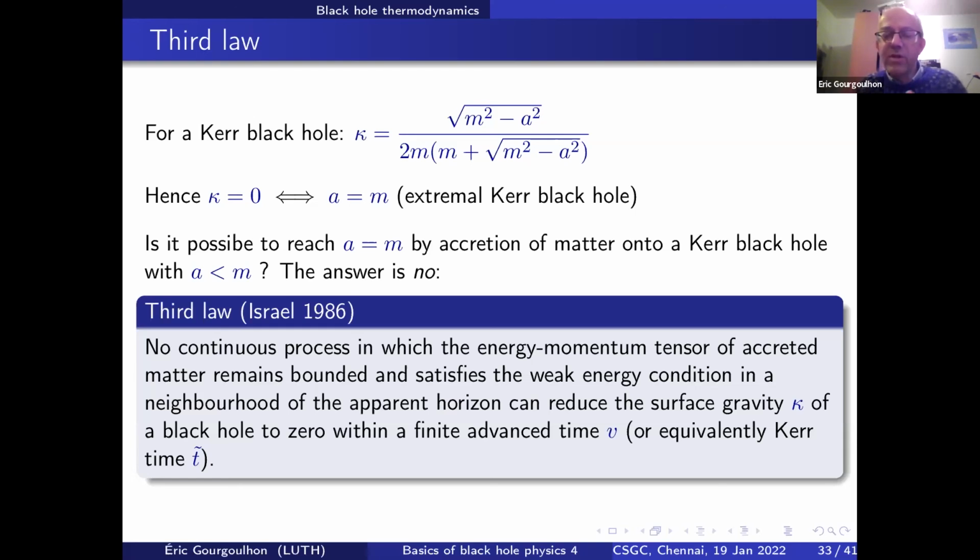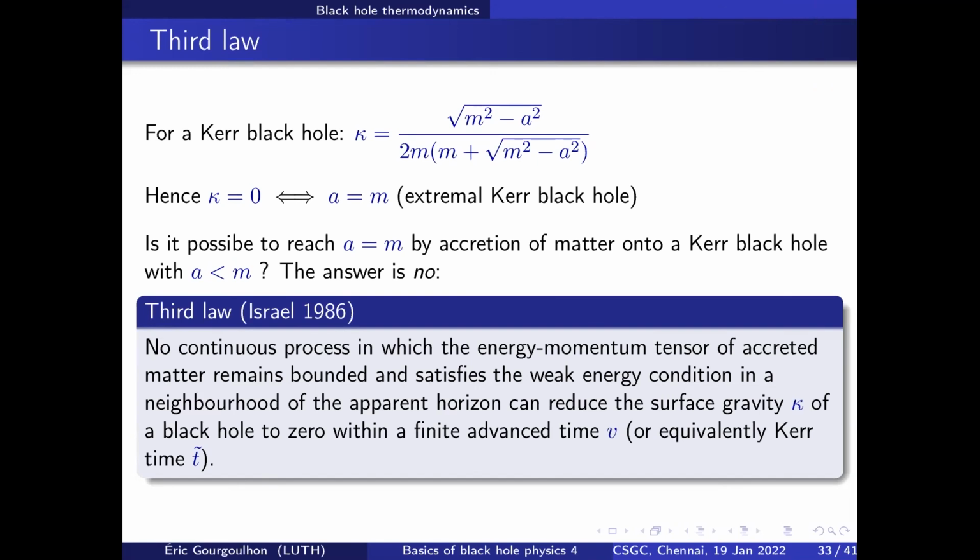And by physical process, I mean typically accretion of matter. This is the natural way to make a black hole evolve. Another, more dramatic way would be a merger with another black hole or with a neutron star or something like this.